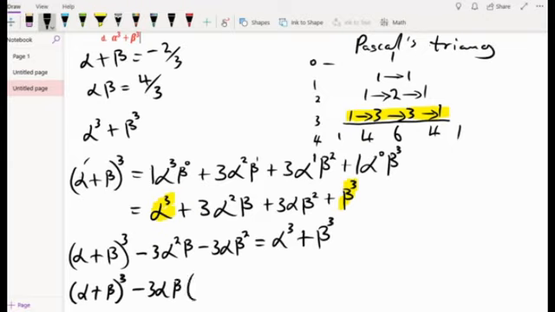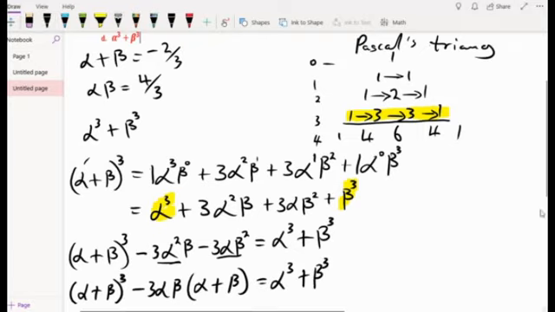When you divide this by minus 3 alpha beta, you are going to be left with alpha. Then the other one, you divide this also, minus divided by minus is plus. So that is beta. So this is equal to alpha cube plus beta cube.